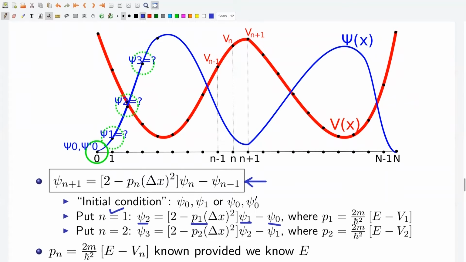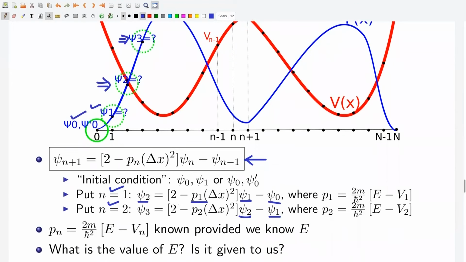So that means if I know the value of psi 0 and psi 1, using these two values, I can get the value of psi 2. And similarly, put n equal to 2, and then you see that the value of psi 3 can be obtained if I know the value of psi 2 and psi 1. And we keep doing this, and then that will give us the entire curve.